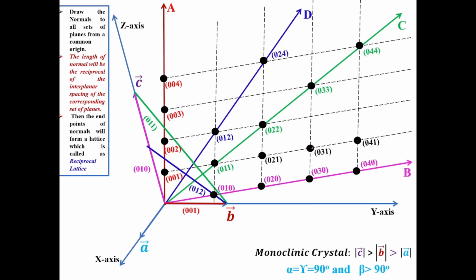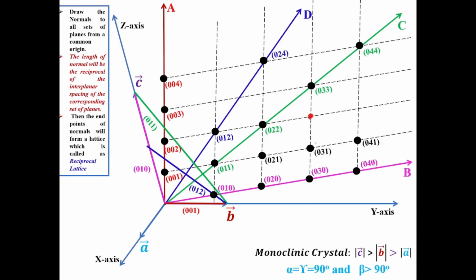This point will be 041. That means 031 represents a lattice point, which represents the set of planes having the Miller indices 031.